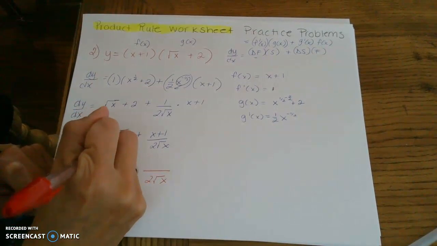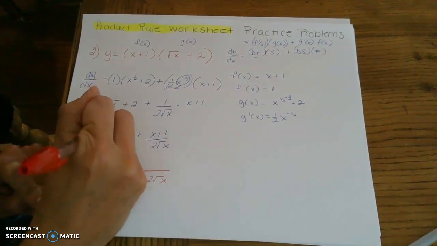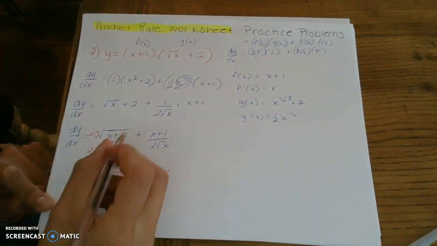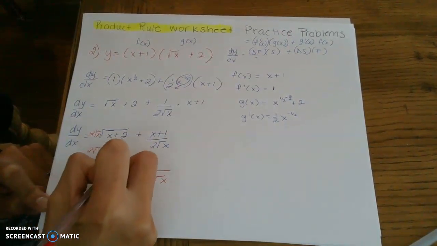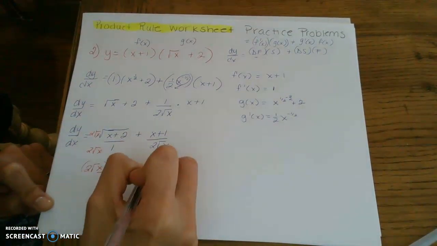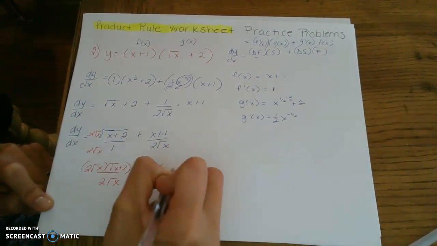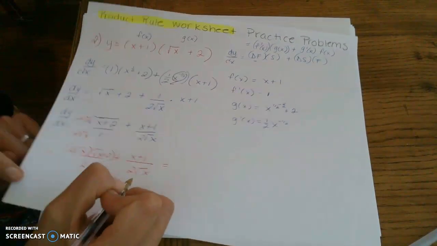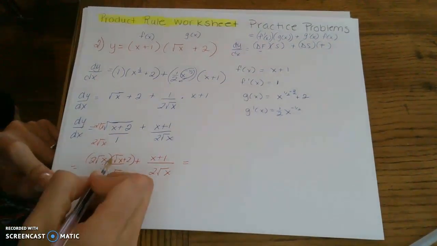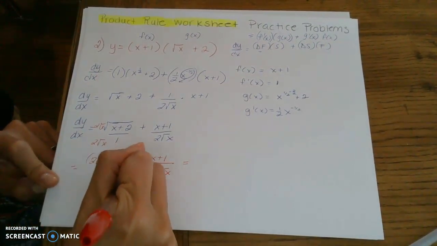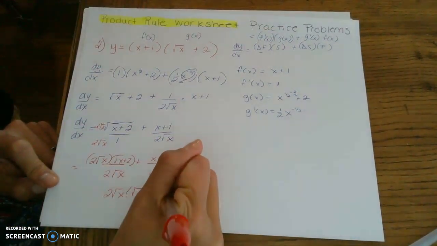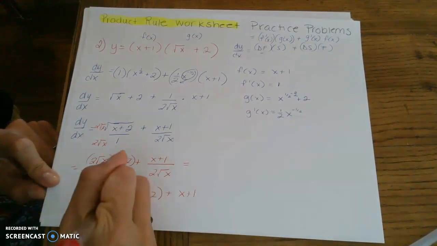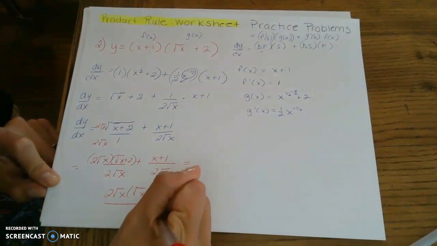And this was missing 2 rad x, and this was missing 2 rad x. And so you would just get 2 rad x times rad x plus 2 plus x plus 1. So your final answer would just be, and I wouldn't ask you to multiply that, it's 2 rad x times rad x plus 2 plus x plus 1 all over 2 rad x.